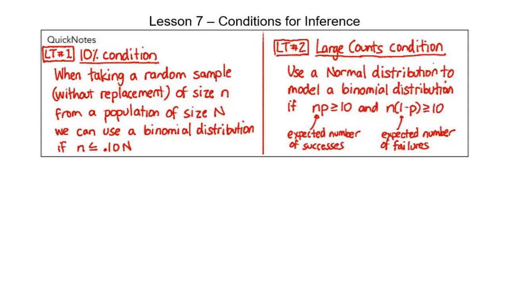All right. 10% condition. When taking a random sample without replacement of size lowercase n, this is what we use to represent the sample, from a population of size capital N, we can use a binomial distribution as long as the sample is less than or equal to 10% of the population.